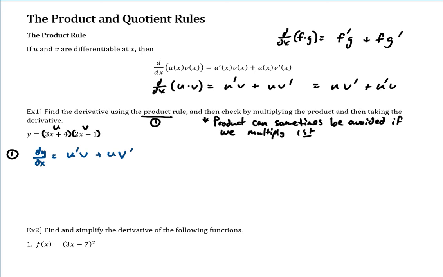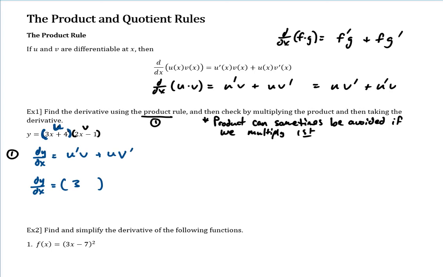Now I'm just going to start to substitute these in. So I have dy dx equals, let's go ahead and use some color. I'm going to keep u in blue. So u I can see right here, and I can find the derivative of u without much effort. The derivative of 3x plus 4: the derivative of 3x would be 3.